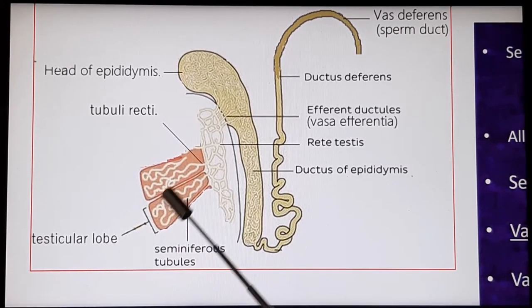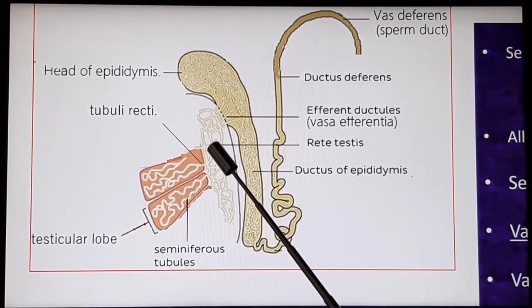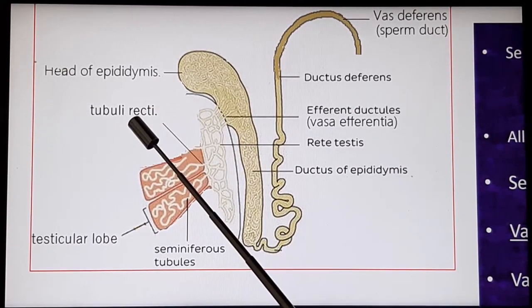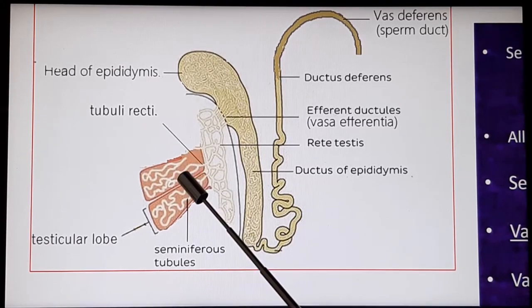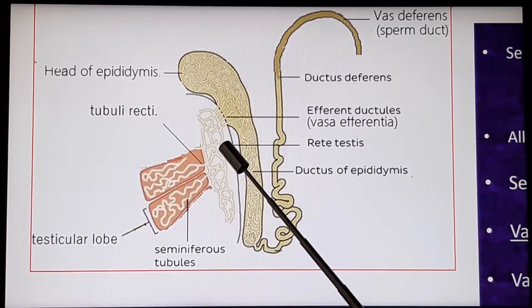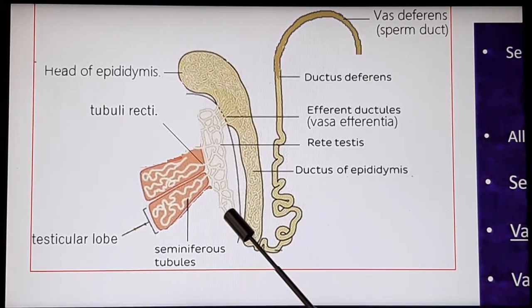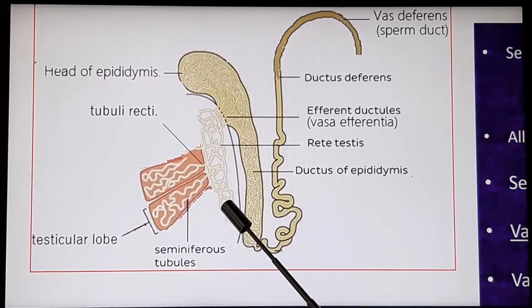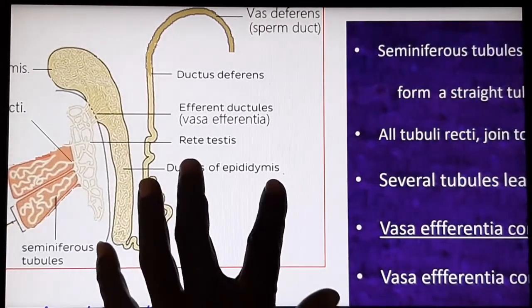The highly coiled seminiferous tubule leaves, and that portion is known as the tubuli recti. The tubuli recti of all the testicular lobules unite and form the rete testis, a network of tubular structure.